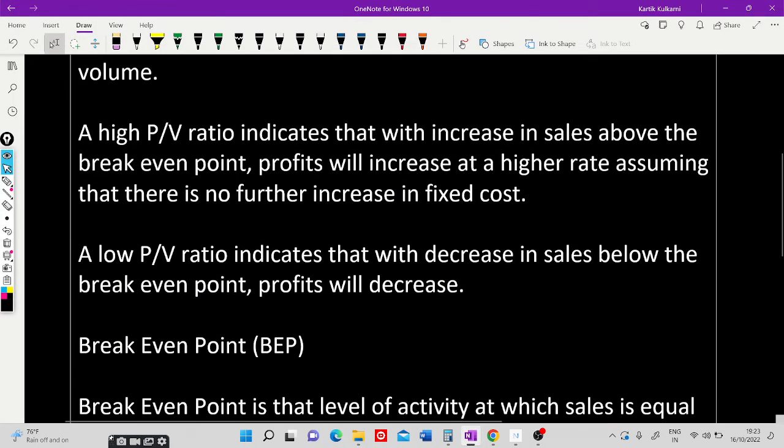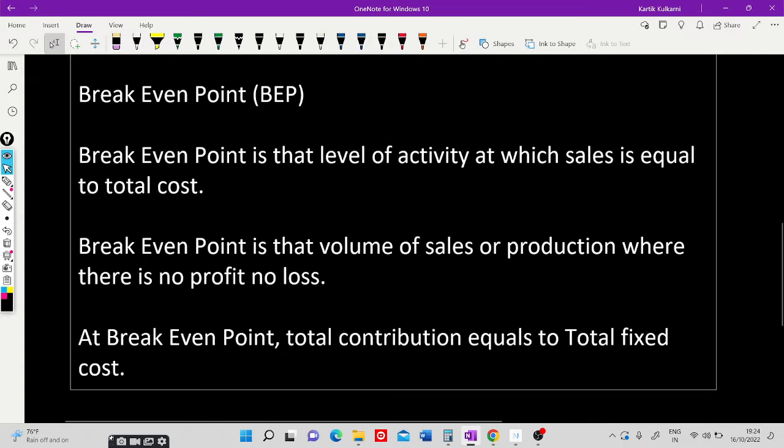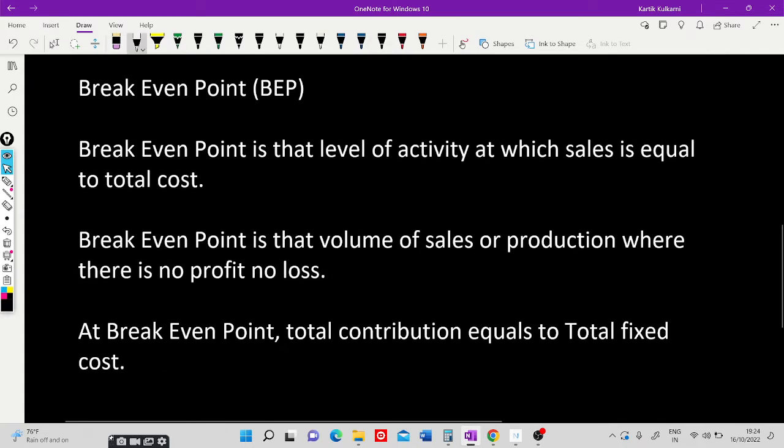So break-even point is that level of activity at which sales is equal to total cost.